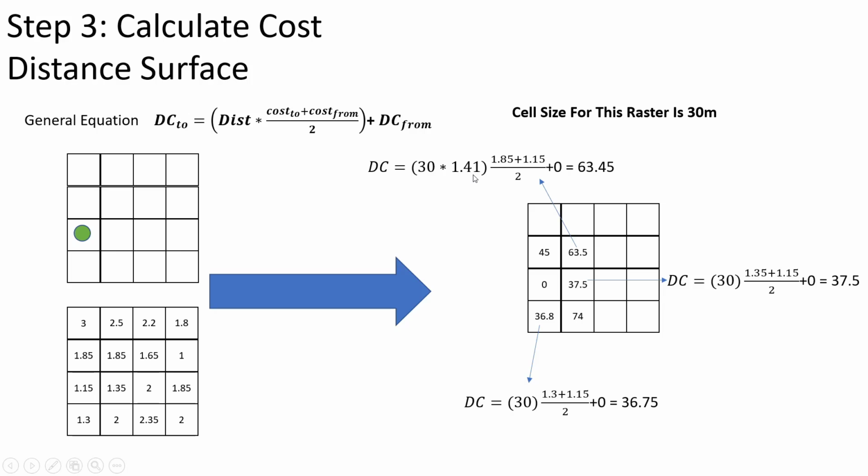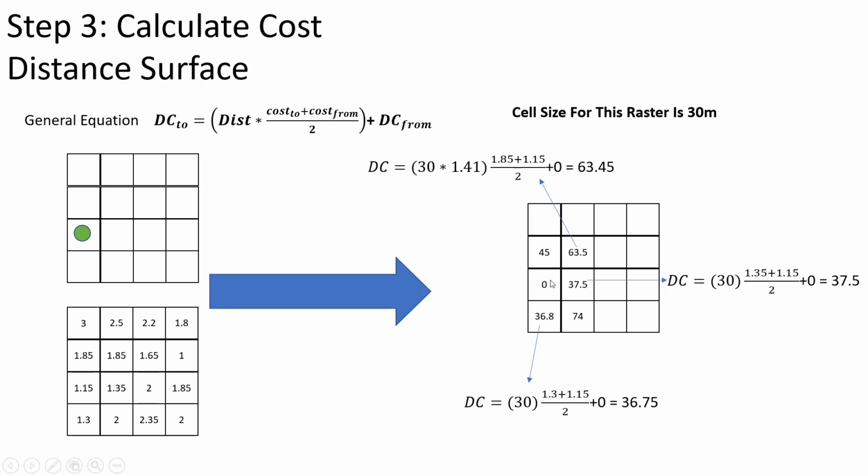This is again coming from that distance scale because we're going at a diagonal. This is the square root of 2 factor that we talked about previously. And again, there's no cost from because this is defined as 0. So the cost of going diagonally is 63.45.